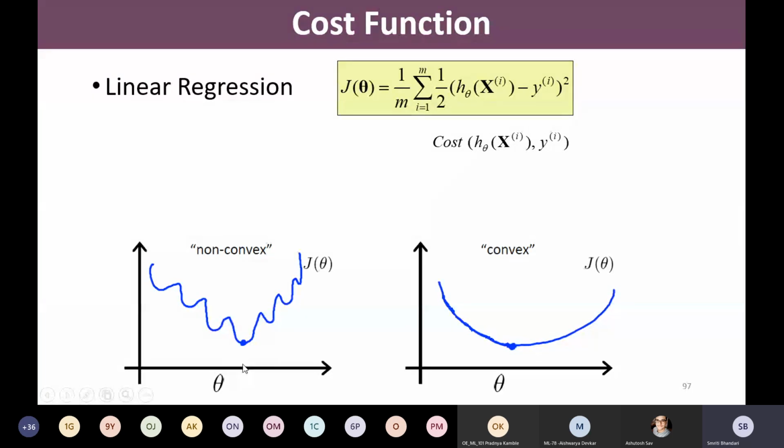That means there is a global minima, but we have several local minima as well. If we try to minimize such a function using gradient descent, the algorithm will not ensure that we always reach the global minima. That is why we are not going to use such a non-convex function, but we are looking for a cost function for logistic regression that is convex.